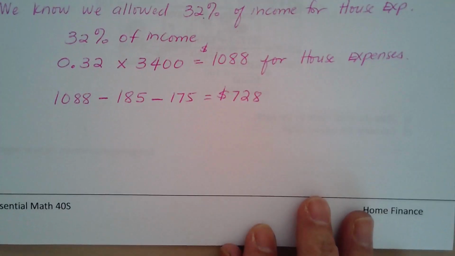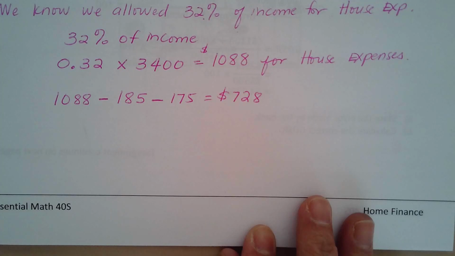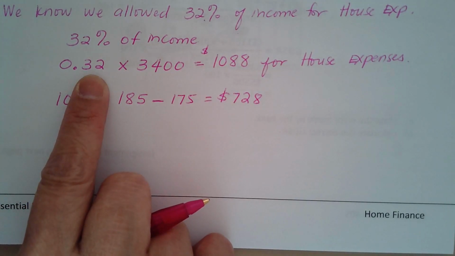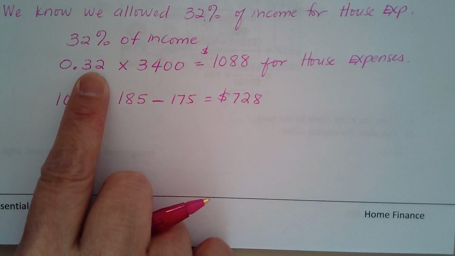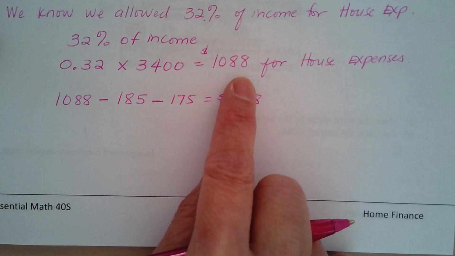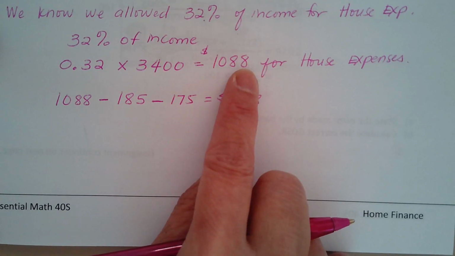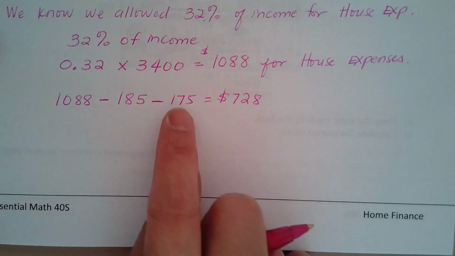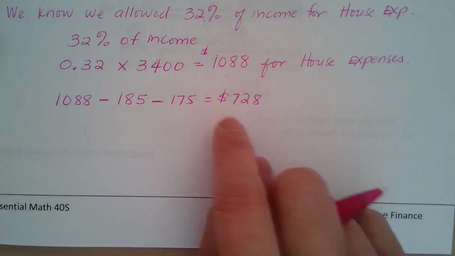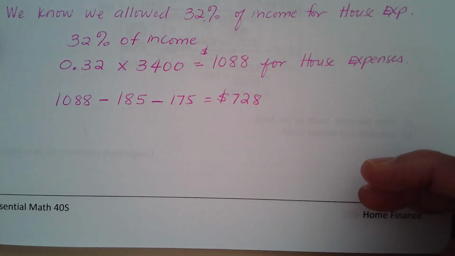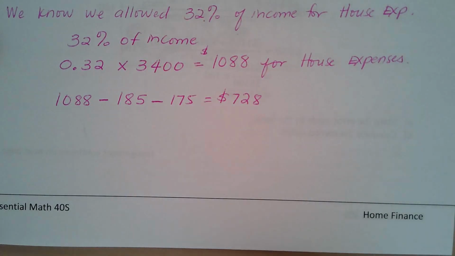Okay. Does that make sense to everybody? So we figured out how much is allowed for us, the 32% of our income, right? That's $1,088. And then we take away the property tax, we take away the heat, and whatever is remaining would be our home monthly payment, mortgage payment.